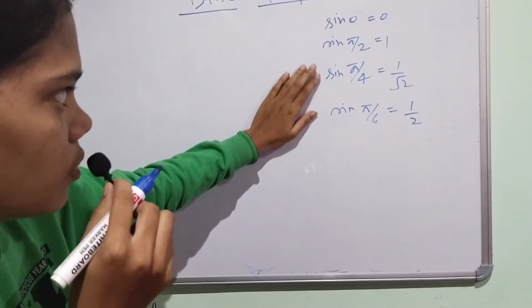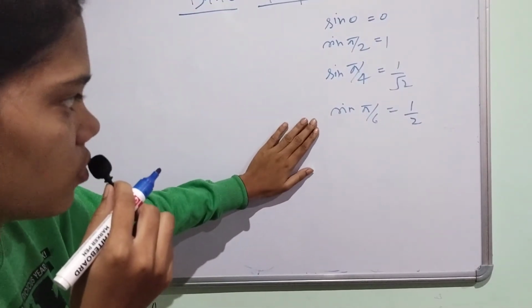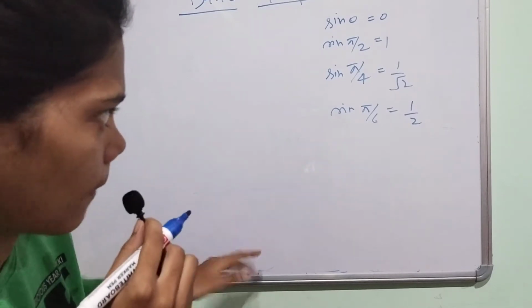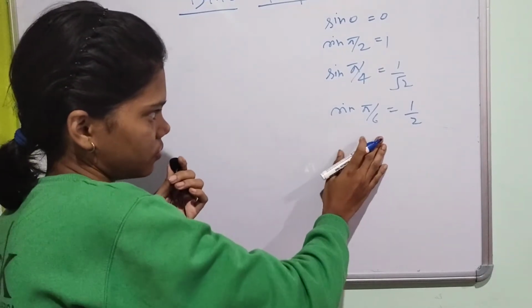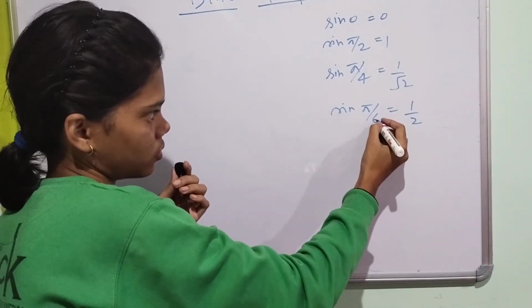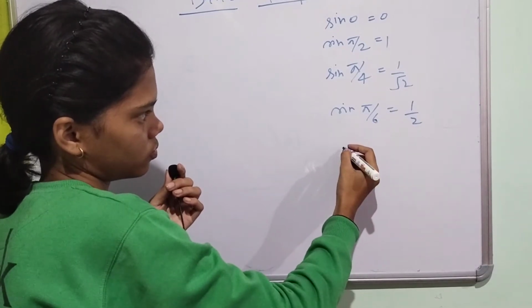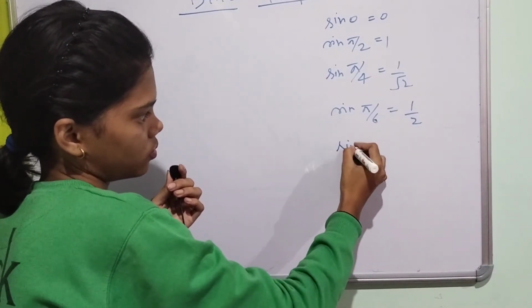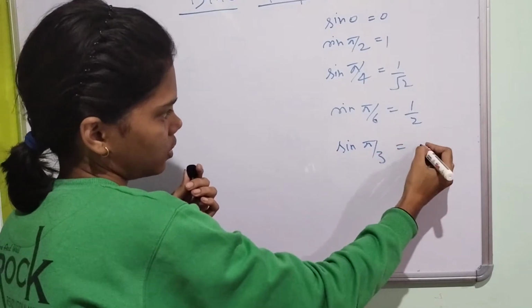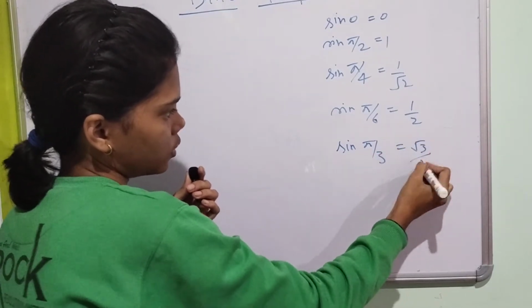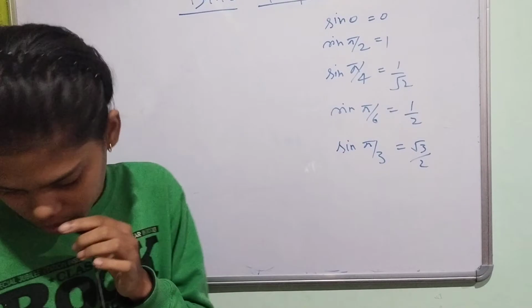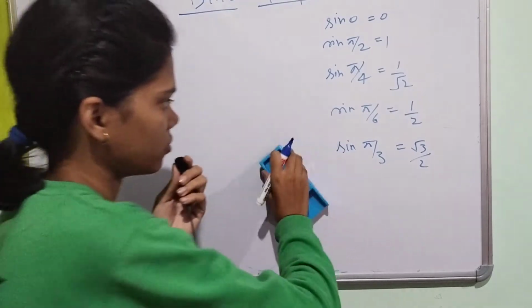We must know these values in order to draw the graph of sine function. Sine of pi by 3 we can write as root 3 by 2. So these are some values of sine which you must know in order to draw the graph of sine function.